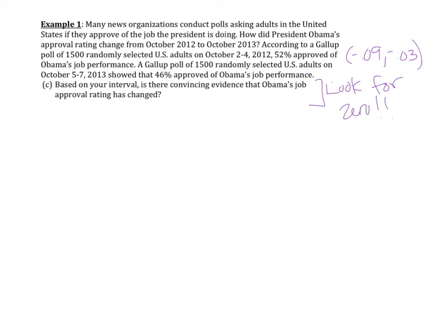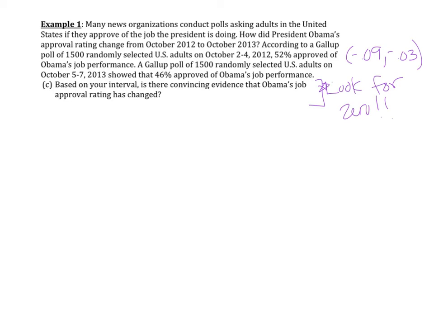That's going to be the way that you are always going to look at this type of thing. That's going to tell you if there's a change or not. If 0 is in the interval, that means that you have both positive and negative values. That means that there's no evidence of changing.